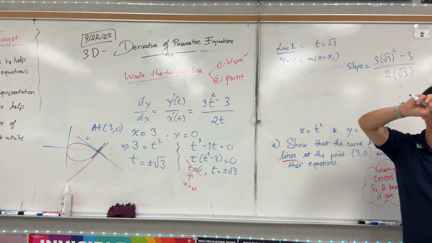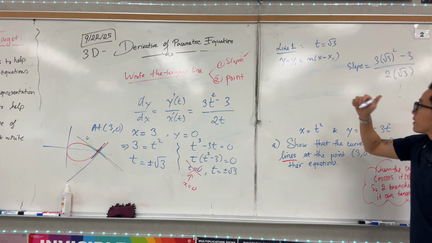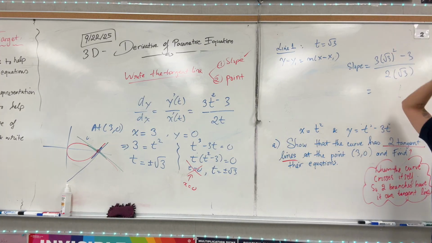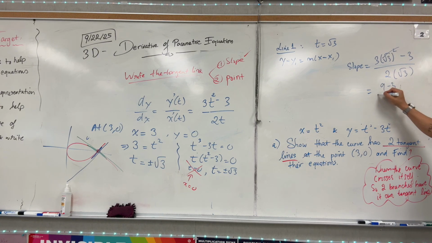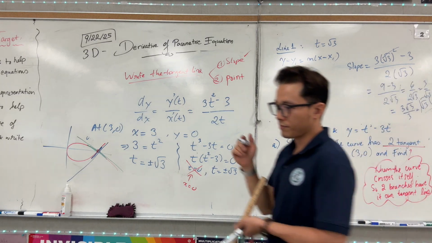Remember, you have two different slopes because you have two different tangent lines. So square root of 3 squared becomes 3, and 3 times 3 is 9. 9 minus 3 is 6, and this is just 2 square root of 3. 6 over 2 is 3 over square root of 3, or you can write 3 square root of 3 over 3. That means square root of 3. That's the slope. I rationalized it.